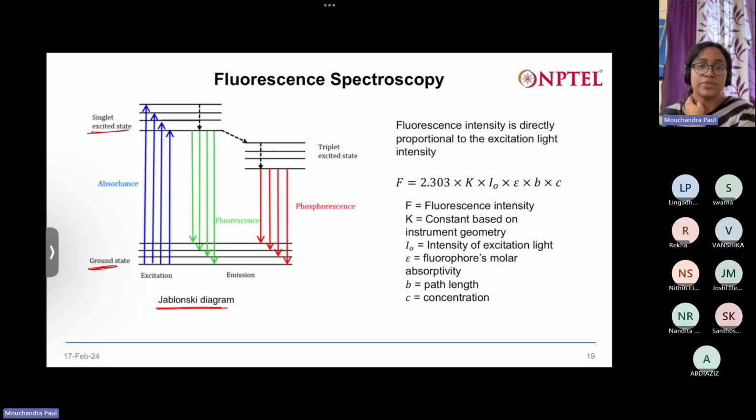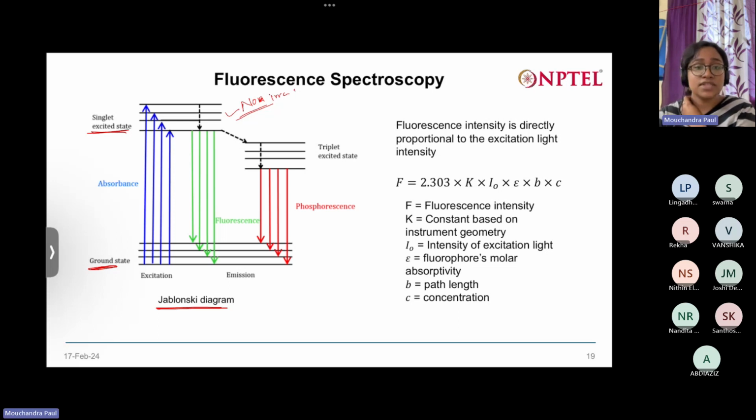Now two things can happen. It can come back to a lower excited state, a state of lower energy, without irradiating any light, or it can come back in a way that it gives out some light. So when the electrons from a higher excited state come to a lower excited state, there is no irradiation.